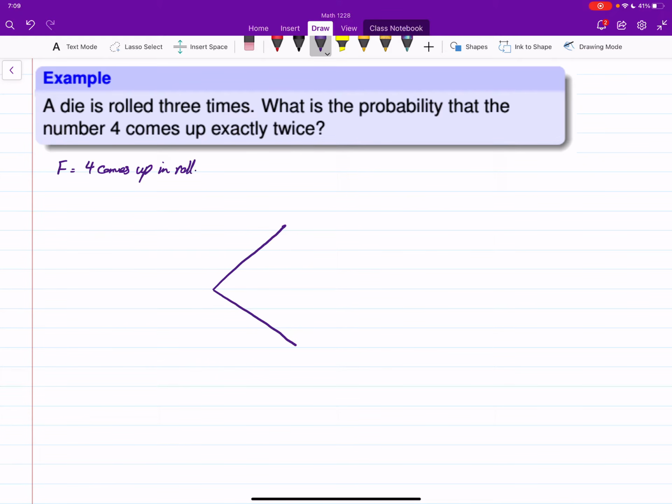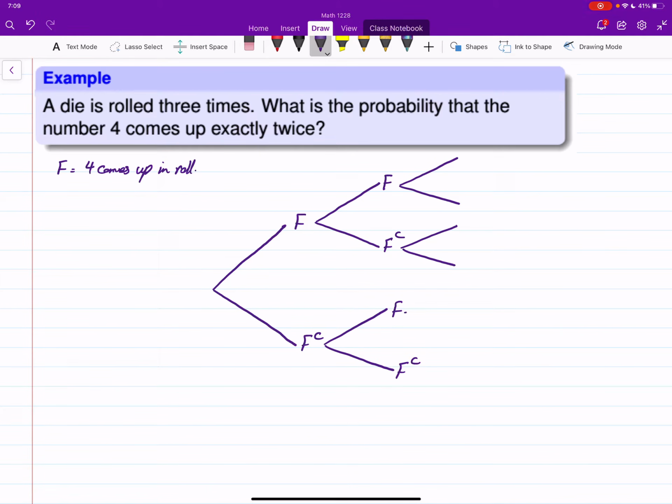Okay, so in the first roll, you either get 4 or get something else. Then you roll it again, and this time also you either get 4 or something else. And then you repeat this for a third time.